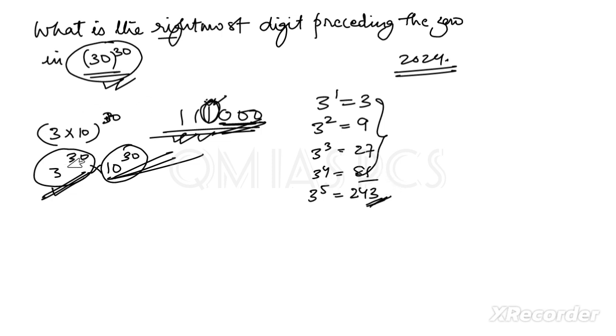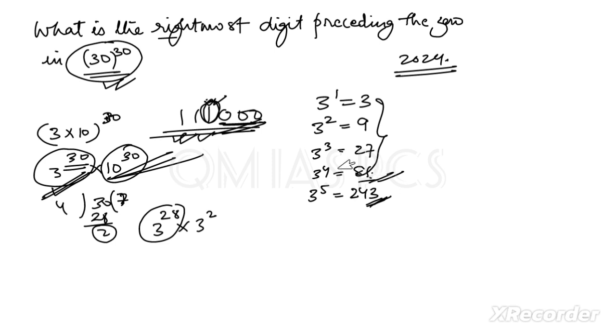So whatever the power is, we have to divide by 4. Whatever the repeating cycle is, we divide by that cycle number. 30 divided by 4: 7 times is 28, and we have only 2 as remainder. So we can write 3 power 28 multiplied by 3 squared. The 3 power 28 part ends in 1, and we are left with only 3 power 2, which is 9.